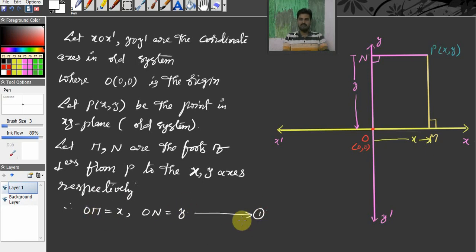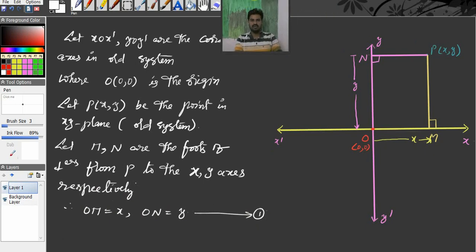Okay. Next, we are going to draw the new system here. Let us take the new system. So now we are in the translation of axes. That means we have to change the origin to another point without changing the direction of the x-axis. Already the x-axis direction is this one.